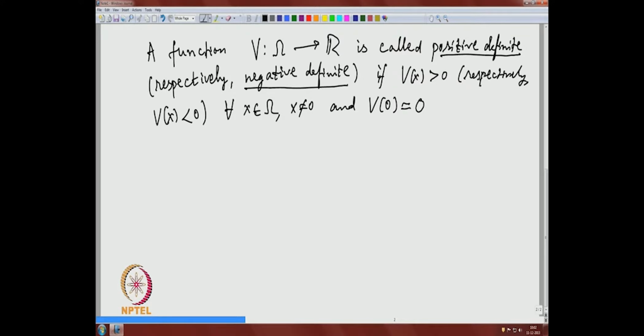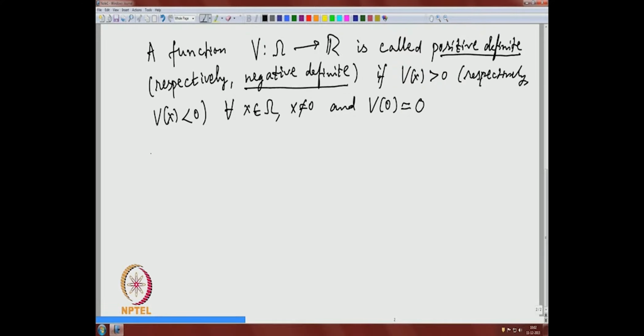Okay. So, I am not putting any other restrictions like continuity and other things; those things will come as you go on. So, this is a real valued function which takes only positive values except at the 0, or negative values if it is negative definite. Okay.